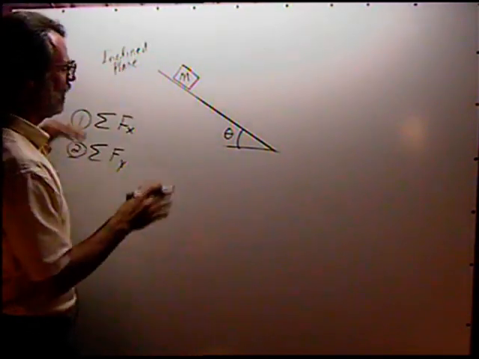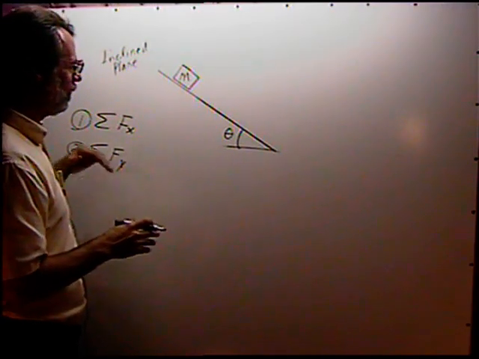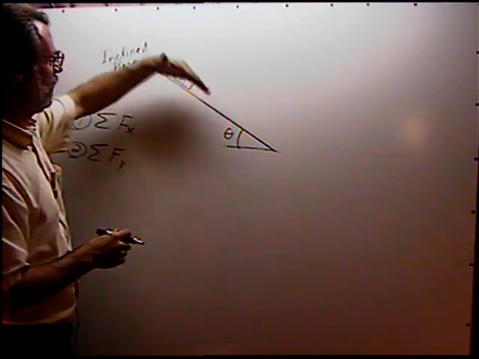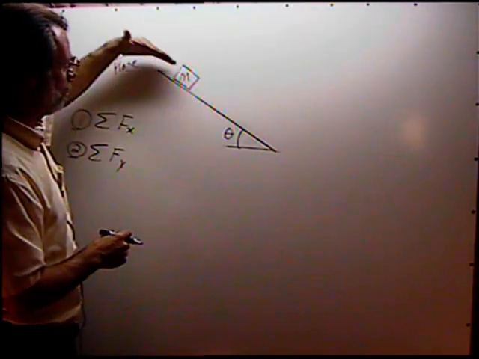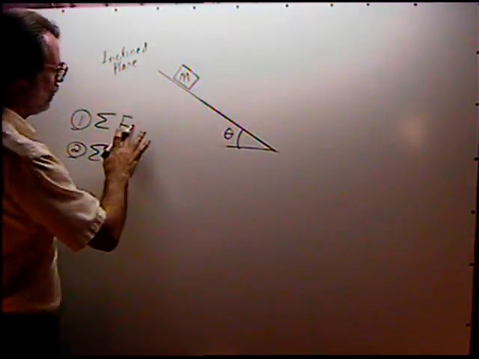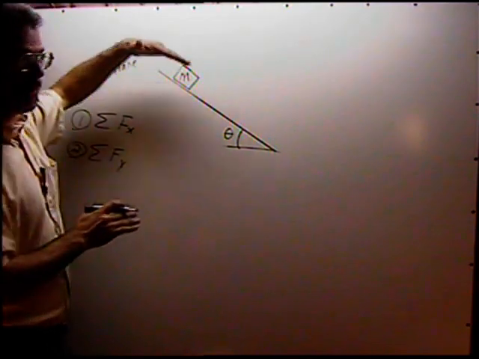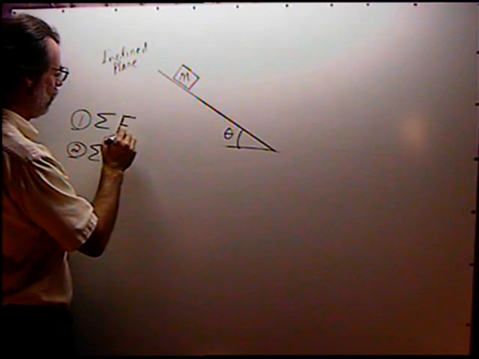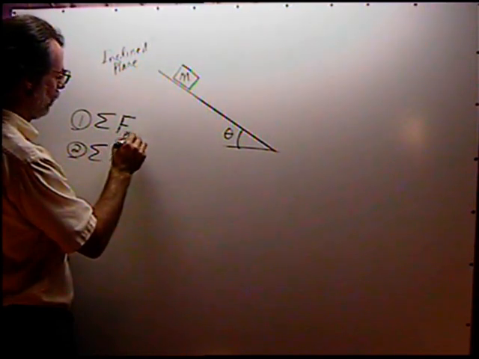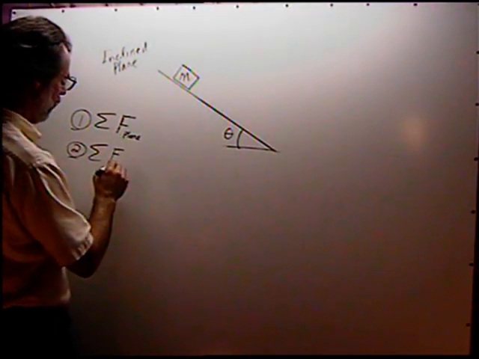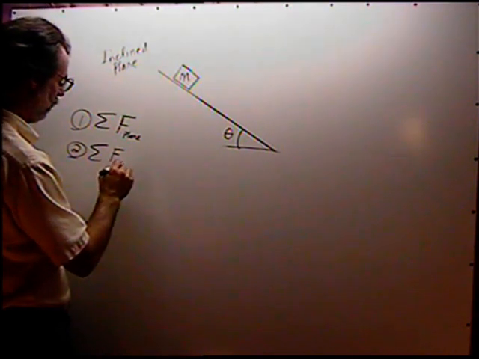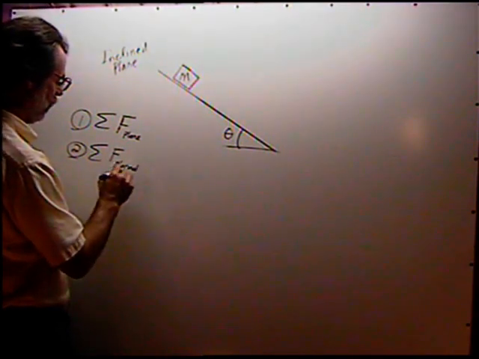But when you have an inclined plane problem, the mass can only slide up and down this way. It can't go vertical. So we're going to rotate our axis, and we're going to say the sum of the forces along the plane and the sum of the forces that are normal to the plane.